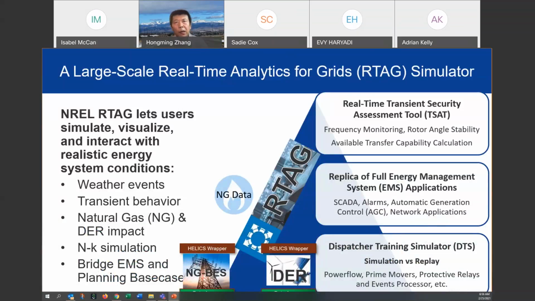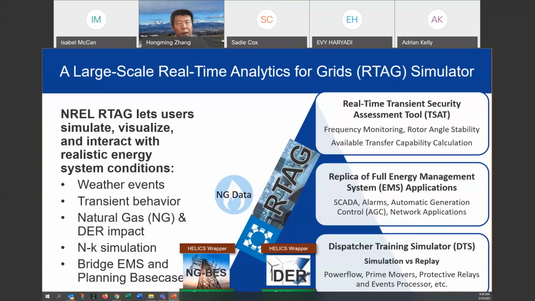This tool leverages production-grade control room software from the vendor, the DTS, the dispatcher training simulator, as a base. Then we integrate transient stability and other tools, to make sure the functionality on the base lines up with the control room.